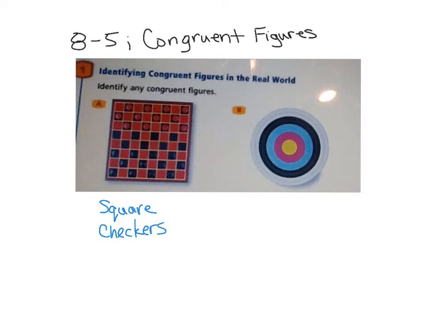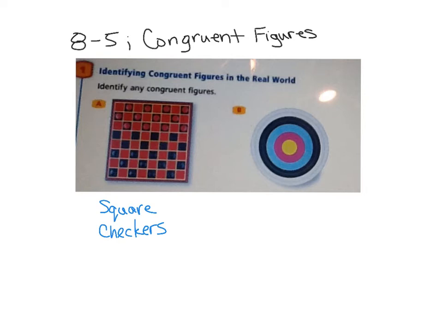On B, we have a target. Now a target is made up of multiple circles. You have yellow circles, pink circles, blue circles, black circles, and white circles on there. However, none of those circles are the same size. So, since none of those circles are the same size, you do not have any congruent parts.